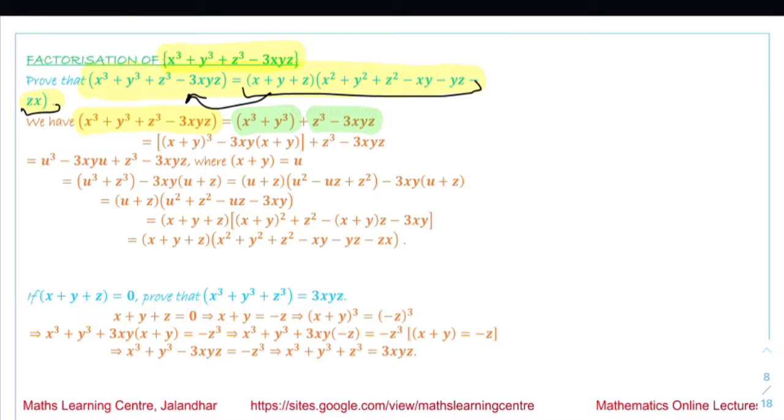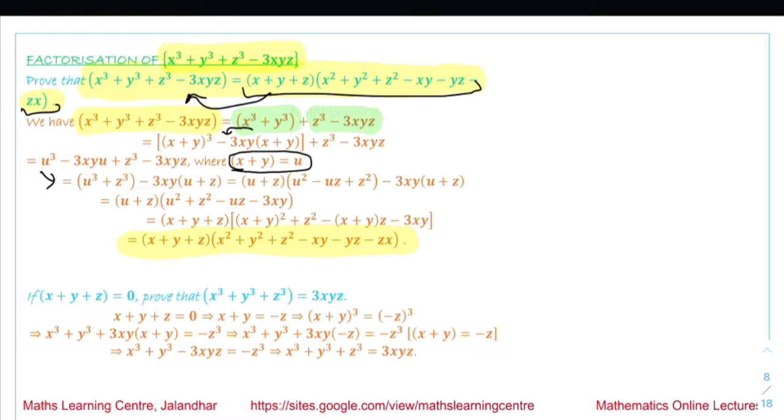We have applied the formula of a cube plus b cube on this, and we get the expression in this form. In the next step, we are writing x plus y is equal to u. So the expression comes in this form. There are some adjustments we have done, and we have obtained the final answer in this form.